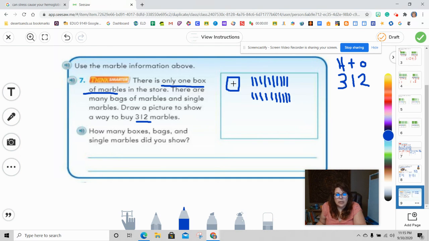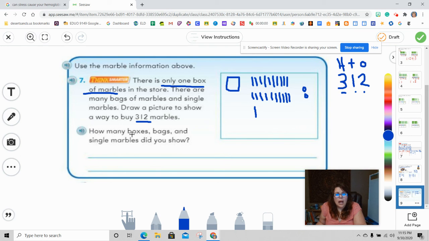So that's 100, 200, 300. Okay, I'm good with the hundreds. Now I need to draw one more 10. So I'm going to draw it down here. One more 10. And then I have to draw 2 ones. So I'm going to draw 1 and 2.